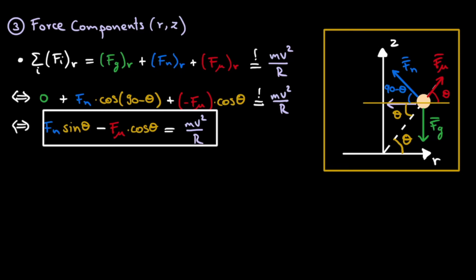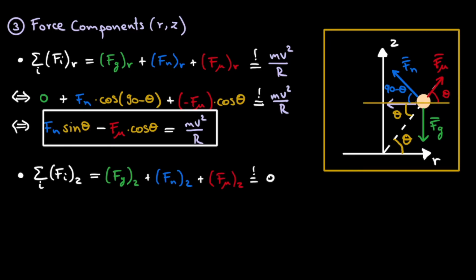Then we can do the exact same procedure, but now for the z direction. We have for the second equation that the sum of the z components of our three forces has to be equal to 0. Why 0? Well, remember that we don't have any motion in the z direction, and therefore we don't have any acceleration in this direction. Again, using our angles, we can very easily write down these components.